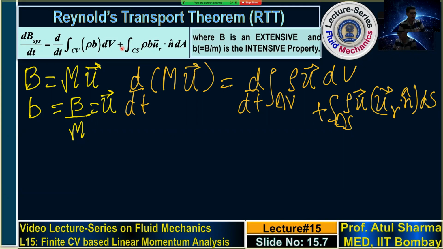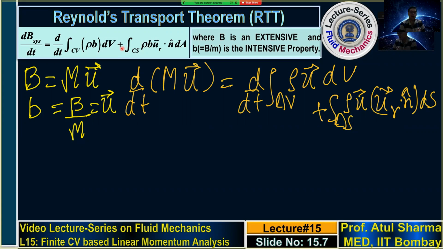Note that here, if the control volume is moving, we use a relative velocity. This is basically the normal velocity that we use to calculate the mass flow rate, and this is the velocity u, which is coming from here. So when we have a moving control volume, we not only consider the relative velocity for the mass flow rate, but we also consider this as a relative velocity, which I will show you later.